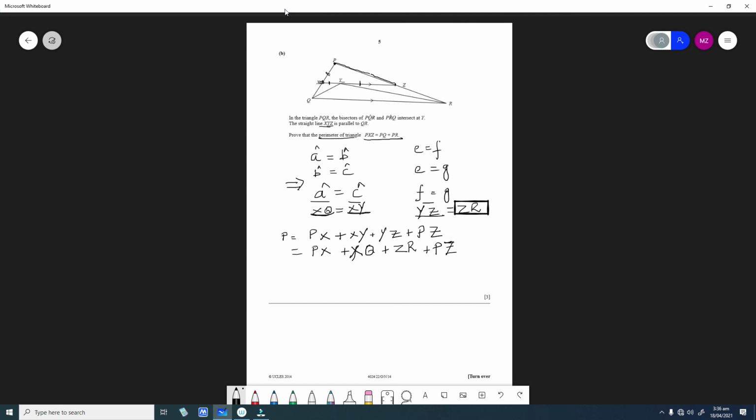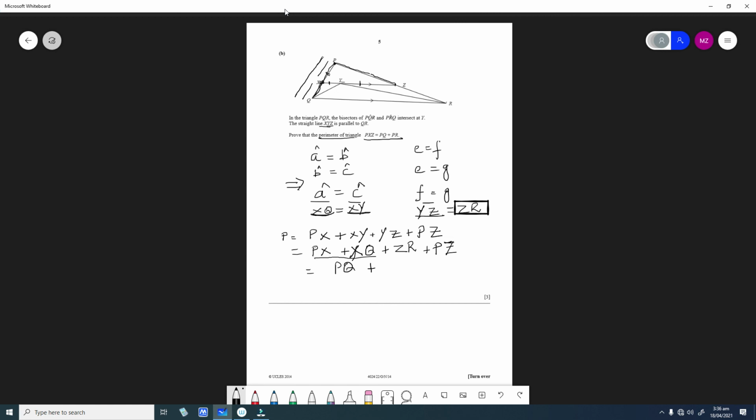PZ. Now PX plus XQ. Here we have got PX and here we have got XQ. Now this length plus this length is equal to this whole length, which will be equal to PQ, plus ZR plus PZ.